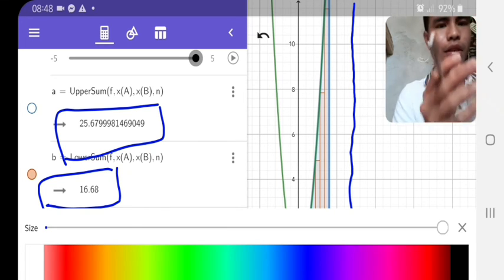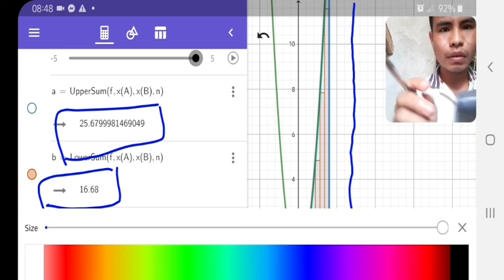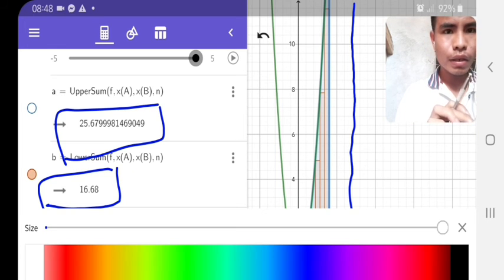But if you find the average of those to obtain the approximation, we have 25.68 plus 16.68 divided by 2, which gives 21.18.